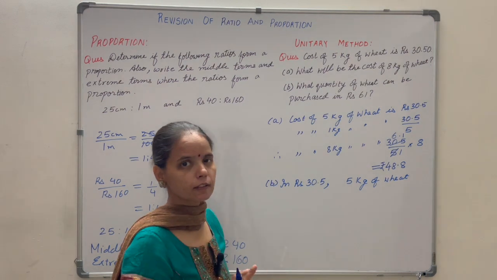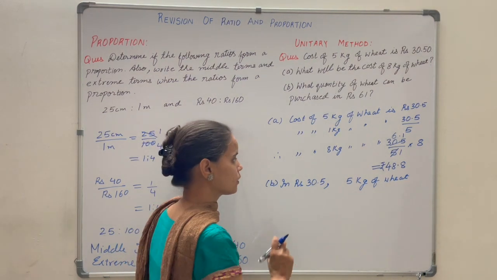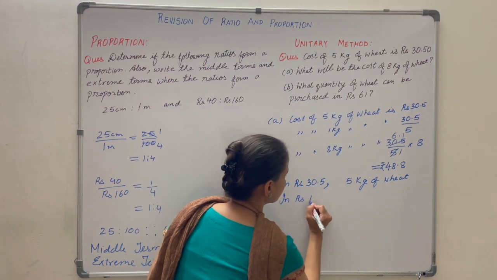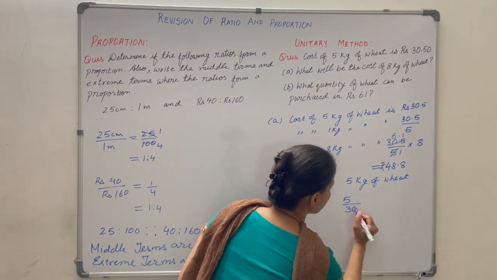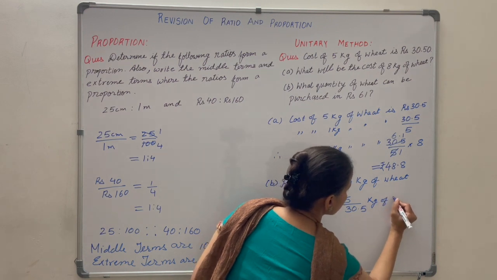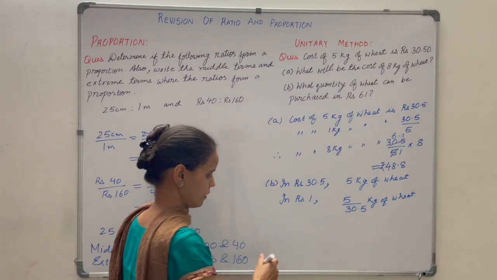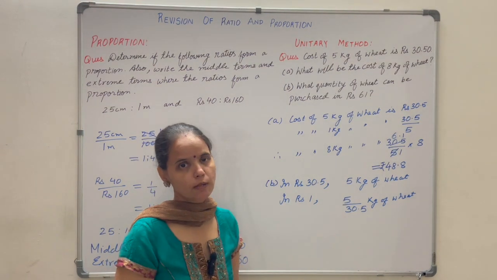In the unitary method, first you need to find out for 1 unit. Here 1 unit is rupees 1. So how much can you purchase in rupees 1? In rupees 1, 5 upon 30.5 kgs of wheat can be purchased. So this is for 1. You need to find out how much wheat you can purchase in 61.